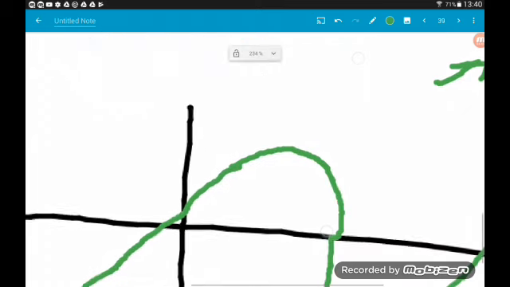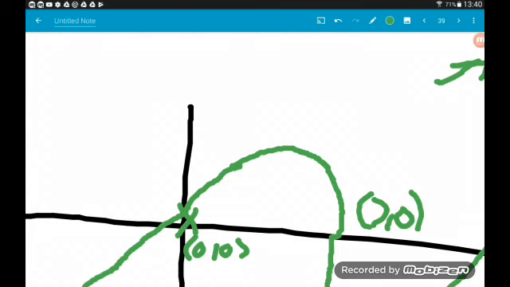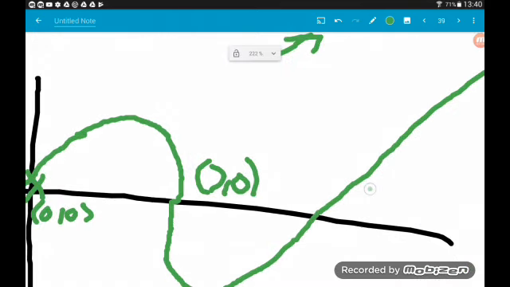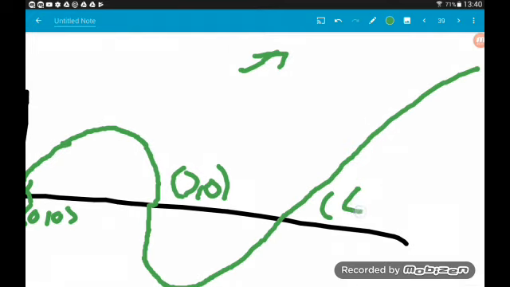So if we zoom in here, okay, that hasn't gone straight through. So it should have gone through that point there, where that's 0, 0. This point would be 3, 0. And this point over here would be 4, 0, like that.